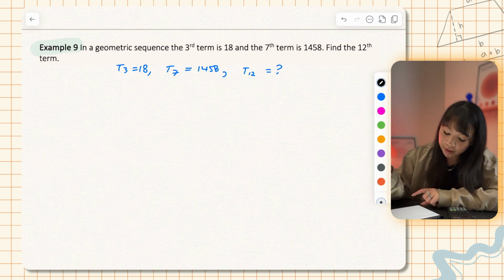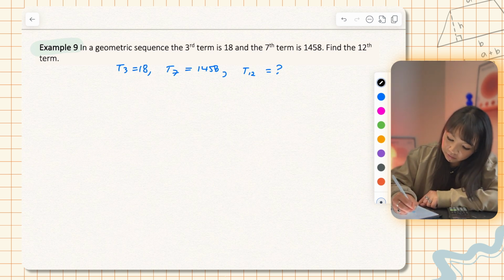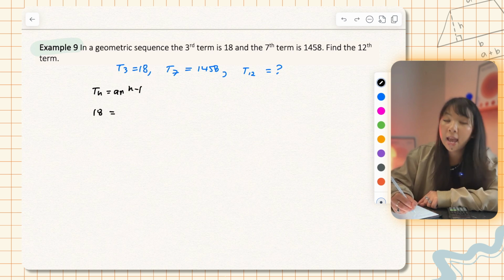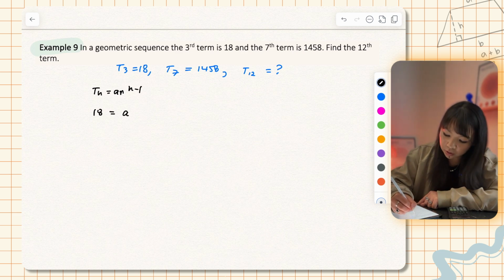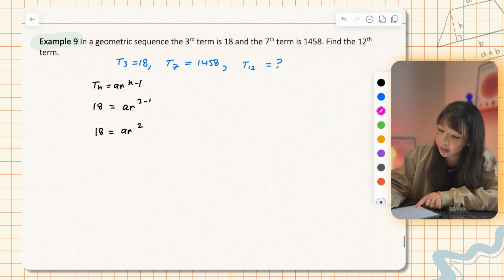So if I plug them into the respective Tn formula, Tn equals AR to the n minus 1, we get the term itself is 18 for this one here. A and R are going to be our unknowns, and then our n value is 3. So we get 3 minus 1, or 18 equals AR squared. And I'm going to call that equation number 1.